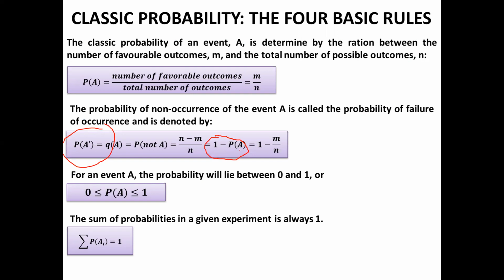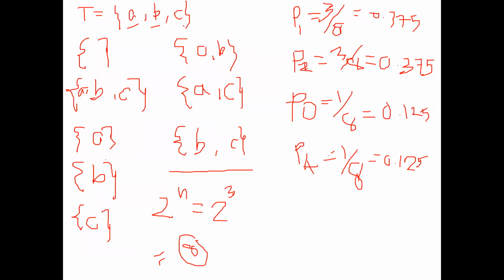So, possible question that I may ask you in the exam. Ano yung probability na walang isang darating? Di ba? Ang dali lang. Ibig sabihin, hindi pwedeng isa lang yung darating.